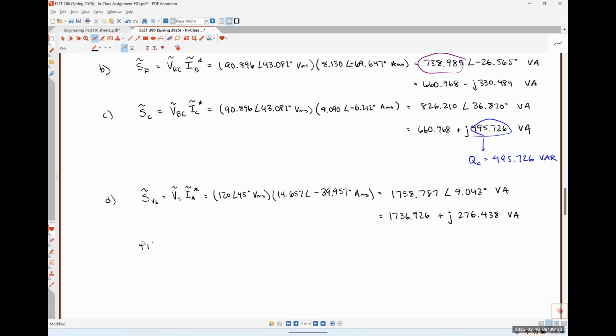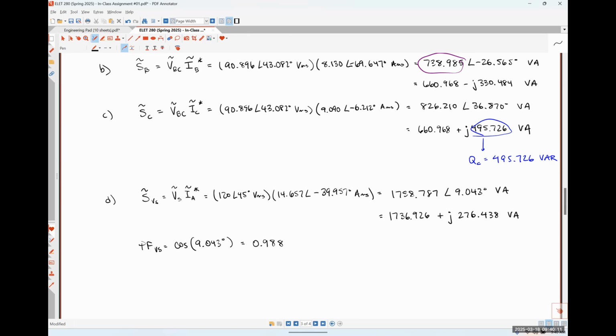So the power factor at which our voltage source is supplying power is just going to be the cosine of 9.043 degrees. So I want the cosine of the argument of my previous answer. And I got 0.98757. So let's call that 0.988.